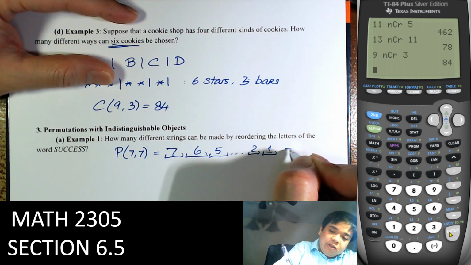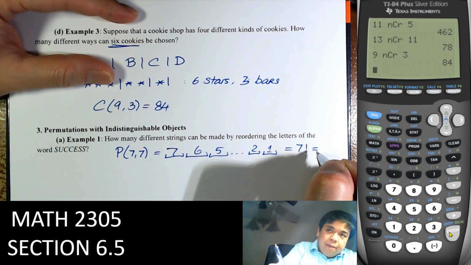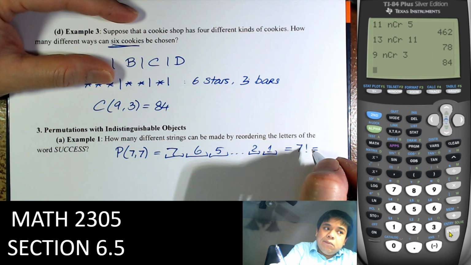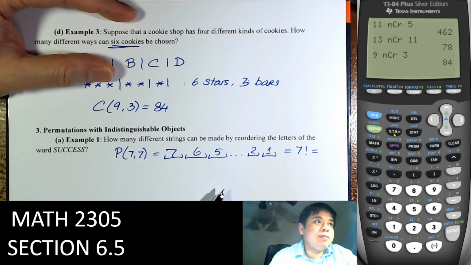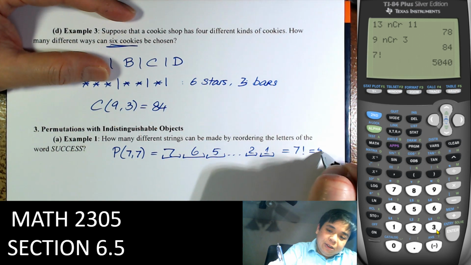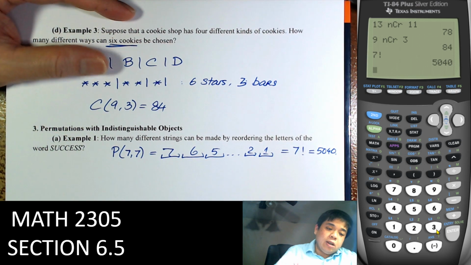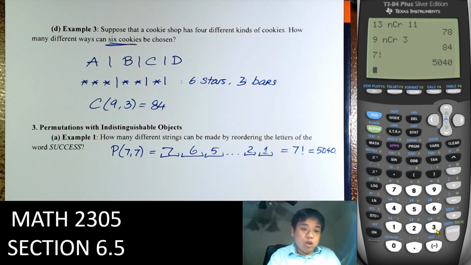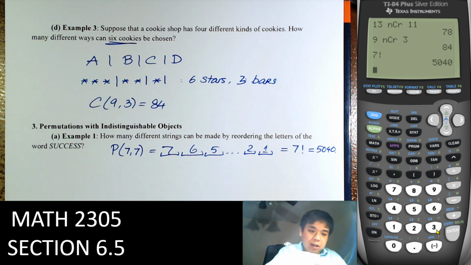So that is 7 factorial, 5040. Of course, that assumes all the letters are different, so we start with that.